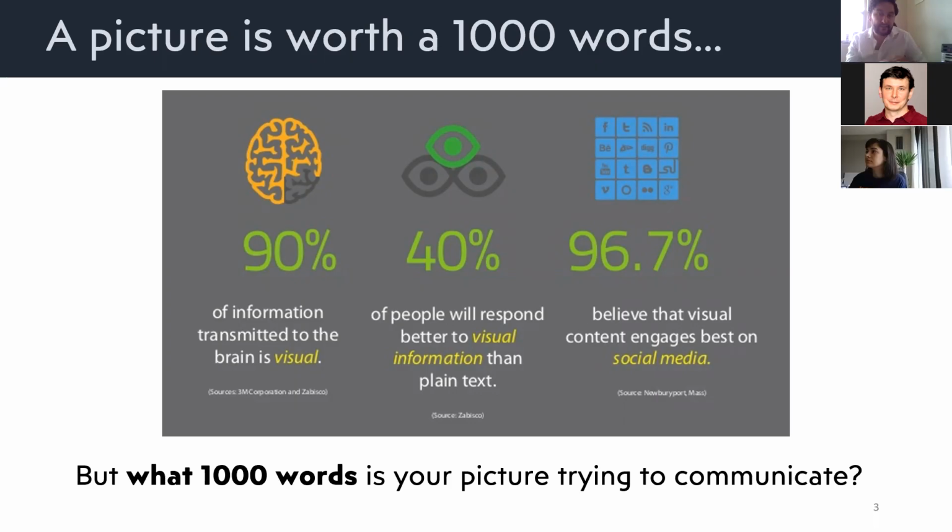In our context of science communication, it is very important then that we choose these 1,000 words with care. It is important that we communicate what we want to communicate and avoid communicating unnecessary stuff.